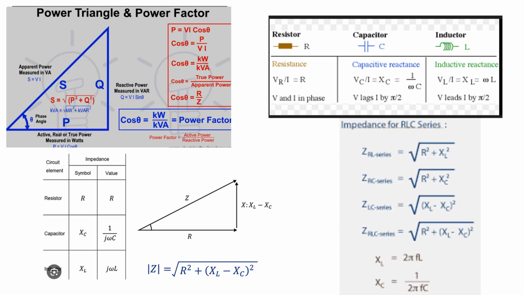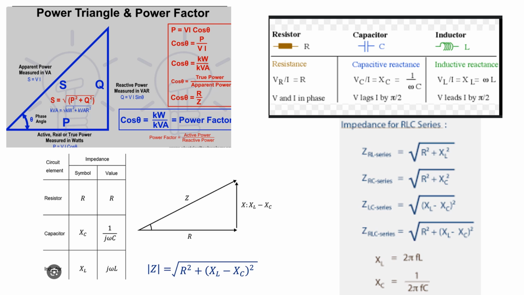Now we can see the power triangle or power factor. In the power triangle, we are representing different powers. The hypotenuse represents the apparent power, which is given by V into I, and the real or true power is given by VI cos θ, that is the base.